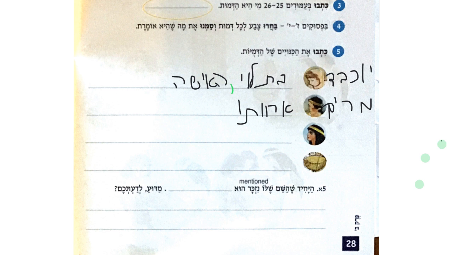Instead of being told Yocheved did this, we're told Bat Levi, Ha'isha, Achoto. So we still have this same question coming up. Why aren't any names being used? Believe me, we're going to get there and we're going to talk about it. But this is our stopping point for today. Good job.